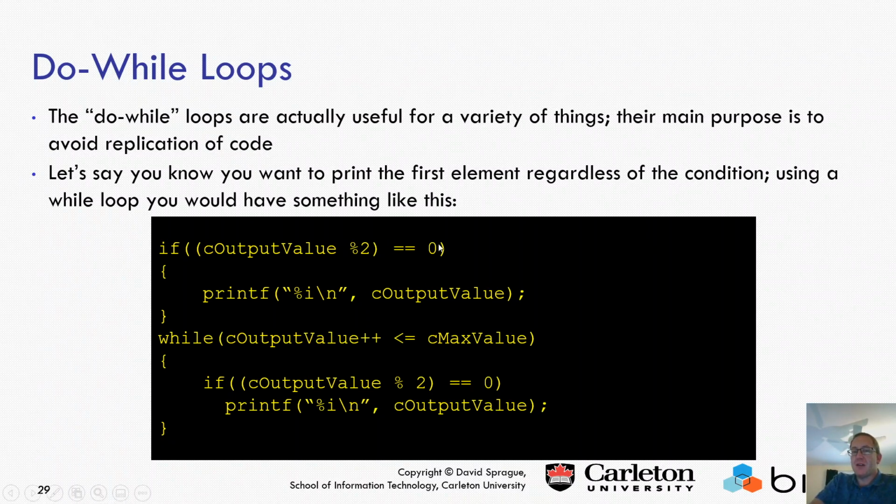I'd have an if statement doing the one-time guarantee, seeing if it's even, and then printing out if it's even, and then I'd do my while loop to change things around. But I don't want to replicate this code. This is the exact same code here. This part here is exactly the same as down here. If I want to print off the very first element no matter what, I don't want to use a while loop. I want to do something different.